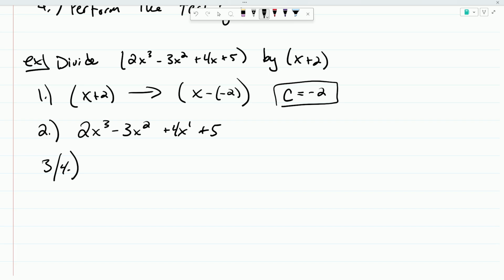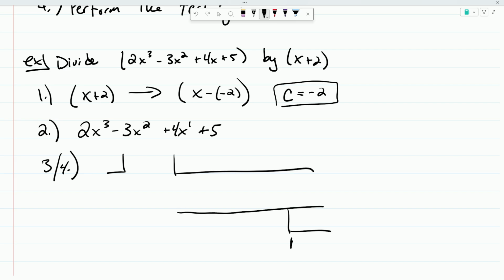So first, I'm going to set this up. So I'm going to draw my little semi boxes. I'm going to draw this line and write my remainder. Across the top, c is equal to negative 2, so I'm going to put a negative 2 there. And then the coefficients in the dividend will be 2, negative 3, 4, and 5.